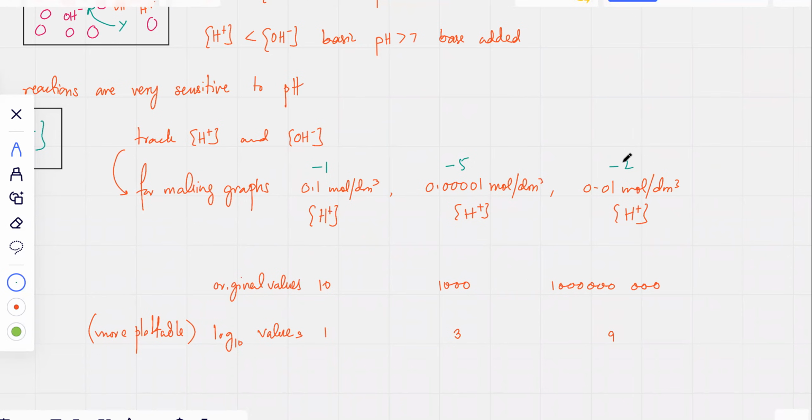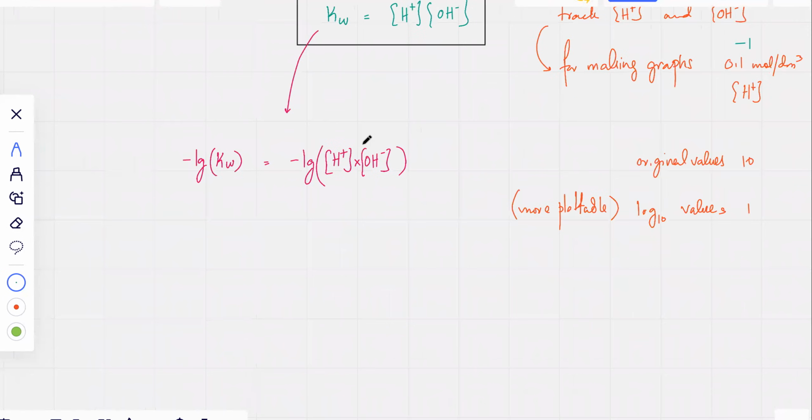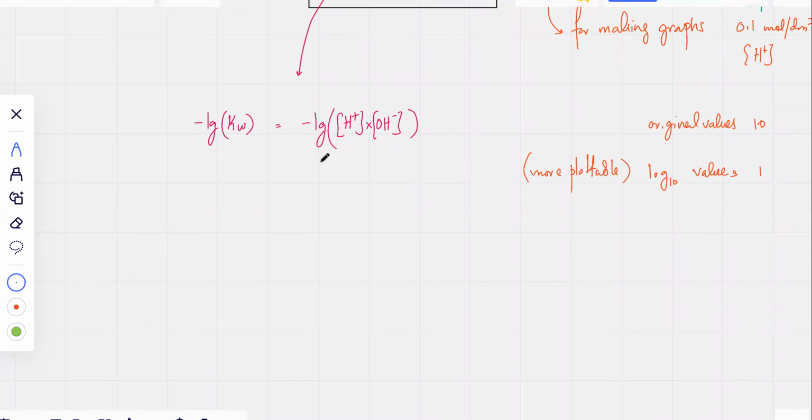So instead of dealing with negative values, you just multiply everything by -1 so that you never get a negative value when you plot a graph. That's the whole point of taking the negative of log.